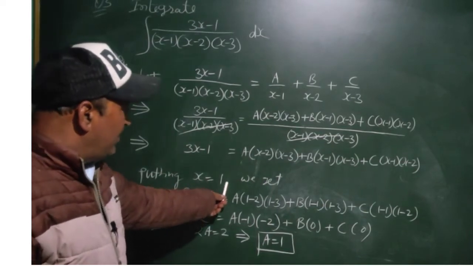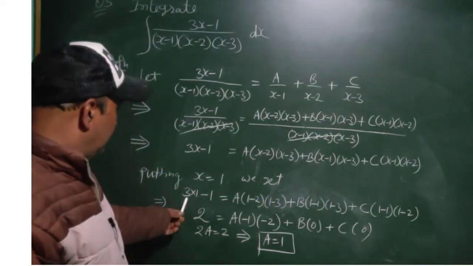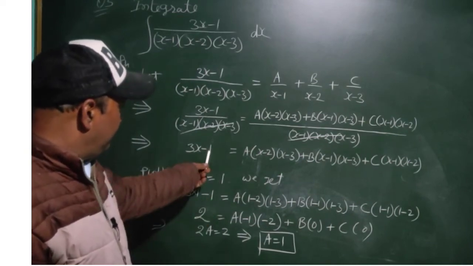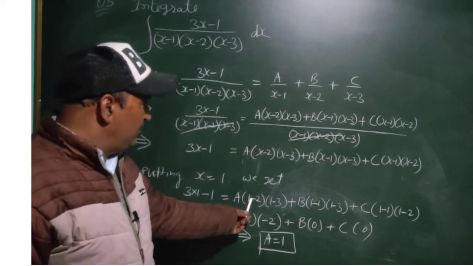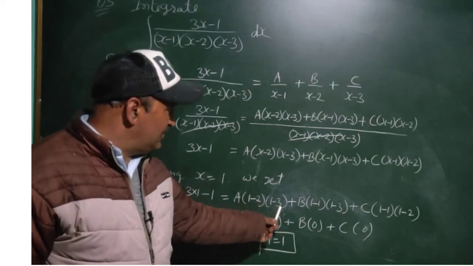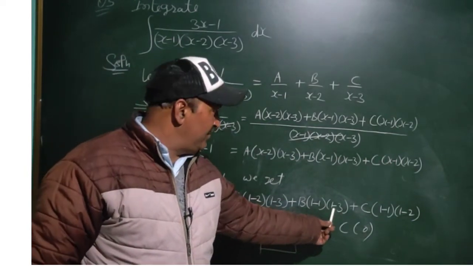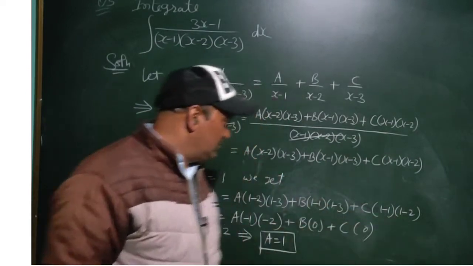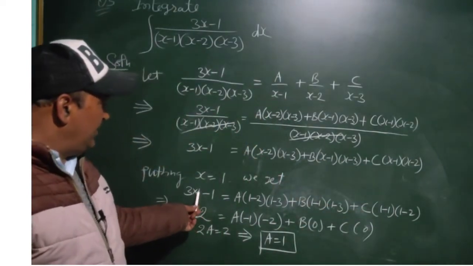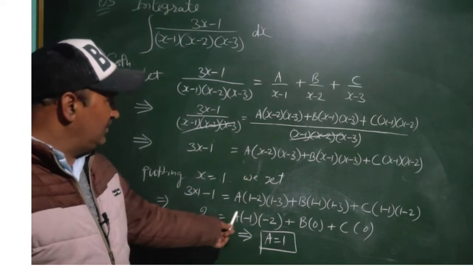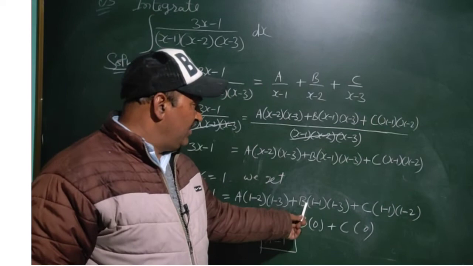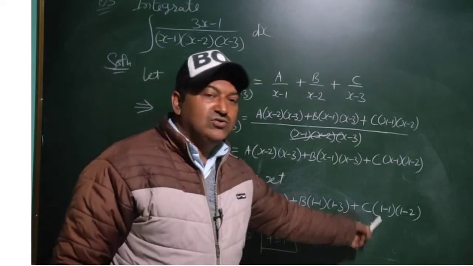Putting x is equal to 1, we get 3 into 1 minus 1 is equal to A into 1 minus 2 into 1 minus 3 plus B into 1 minus 1 into 1 minus 3 plus C into 1 minus 1 into 1 minus 2. We get 3 minus 1, that is 2, is equal to A into minus 1 into minus 2 plus B into 0 plus C into 0.